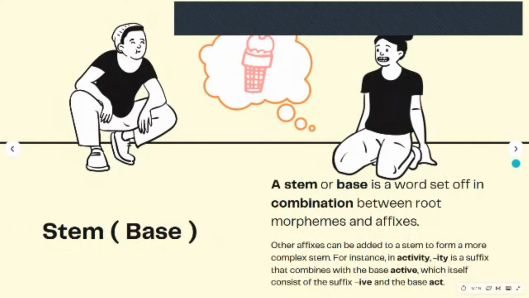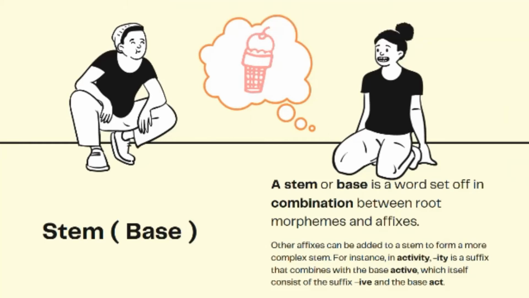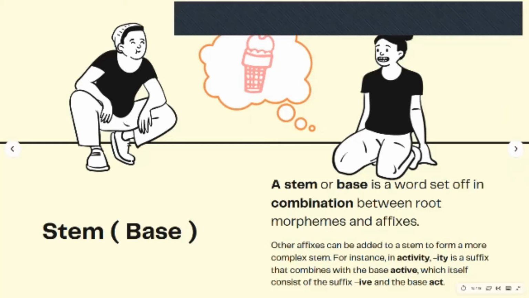A base that cannot be analyzed any further into constituent morphemes is called a root. In readability, the base is readable but it is not a root. Thus, the base is a relative notion that is defined with respect to the notion of affix. Affixes are similar to roots in that they cannot be further analyzed into component morphemes.